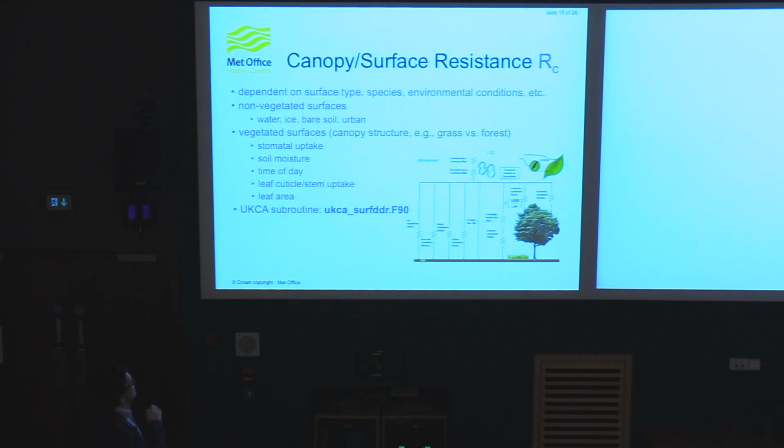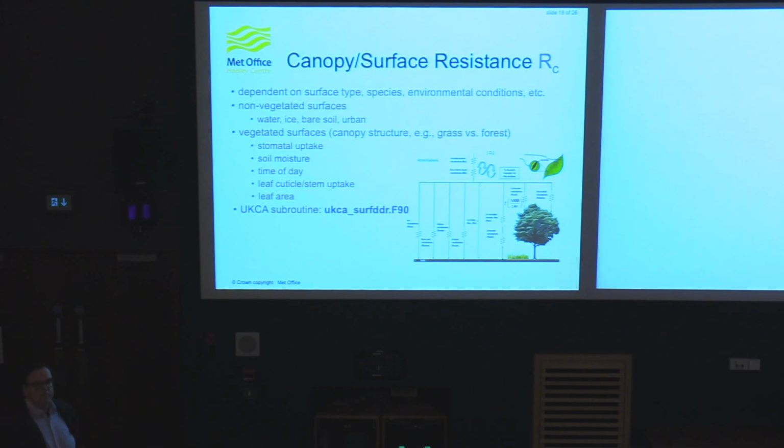And then finally, there is the surface resistance, which is the last step to actually the surface uptake, and that depends on everything. That depends on turbulence, that depends on species, that depends on anything you can think of. So surface type: water, ice, bare soil, and so on and so forth. If you're over vegetation, there's stomatal uptake, there's something in relation to soil moisture.